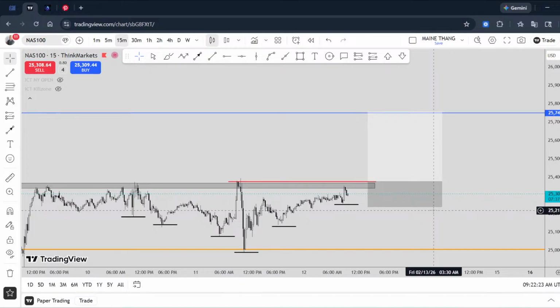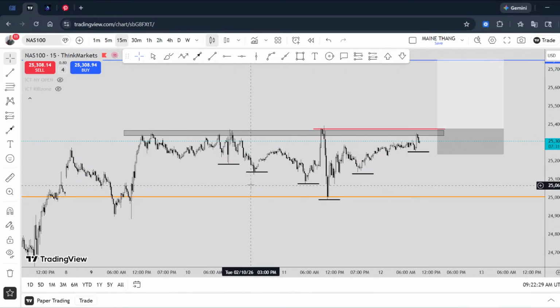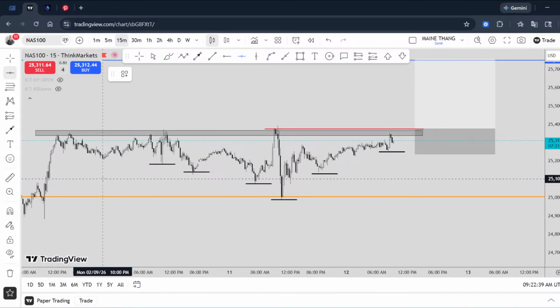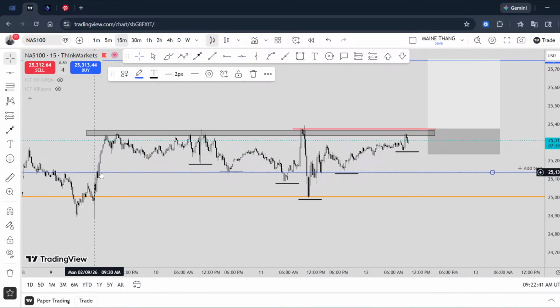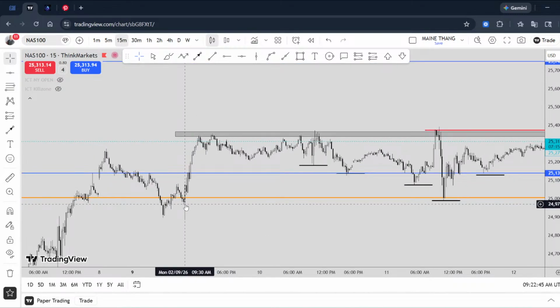Funny thing is, if I would have held that trade from Monday, I got in right about here. Got in here. That was, I think, below this low right here.